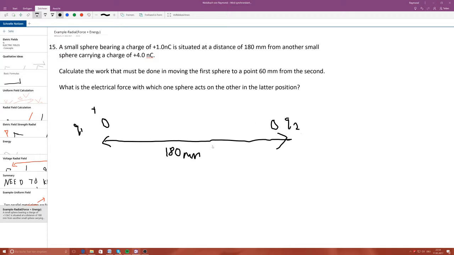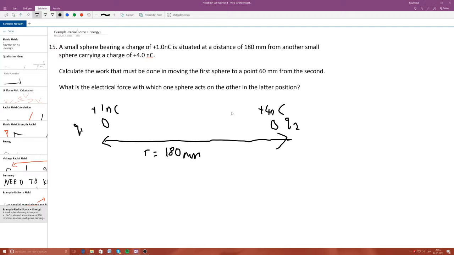This seems awfully familiar, I hope. Plus 1 nanocoulomb, plus 4 nanocoulombs. Exactly. And as we can see, it's important to know that they're both positive, so they themselves want to repel each other, but we want to bring them together.